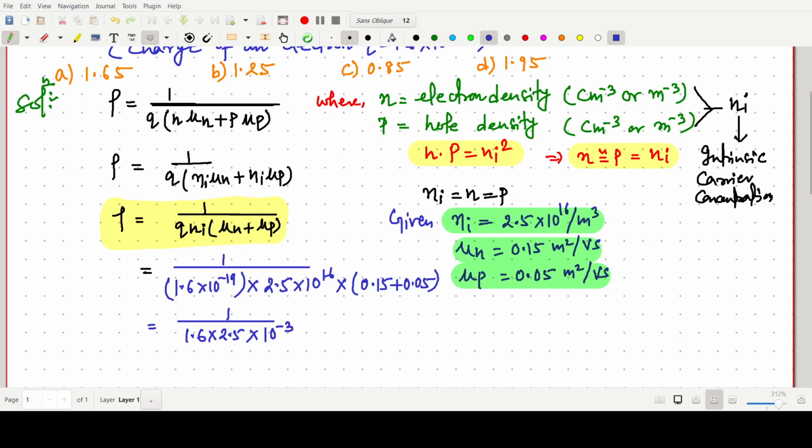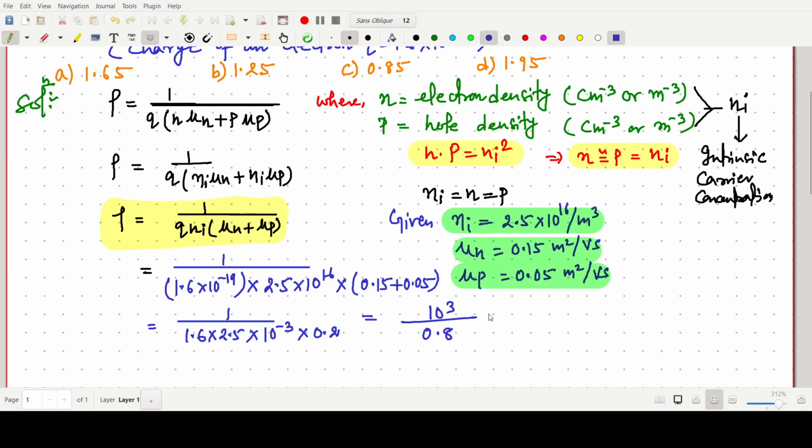So it will be 10 to the power minus 3 into 0.2. If we solve this, we can write 10 to the power 3 at the top, and 1.6 into 2.5 into 0.2 below. If we do the calculation, it comes to nearly 0.8.